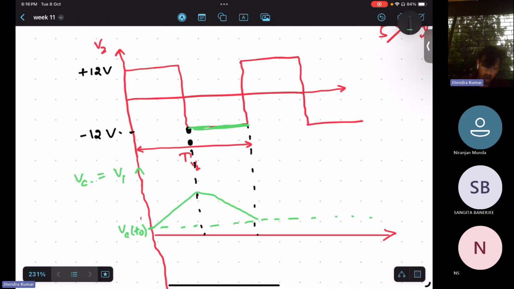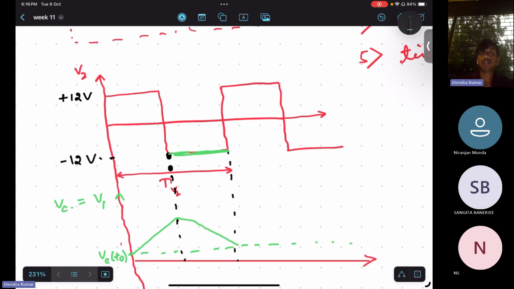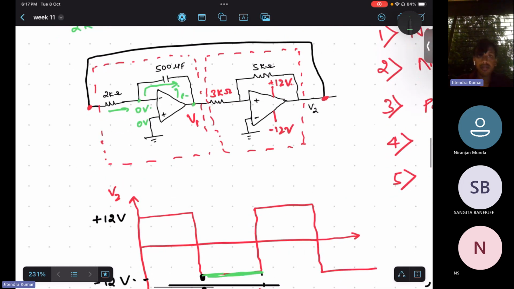So how to calculate the time period? Any idea? We will find the time constant. Time constant of which, V2 or V1 or this RC circuit? The RC circuit.